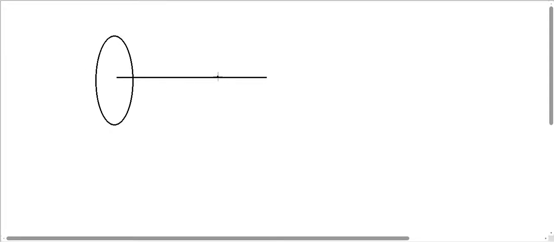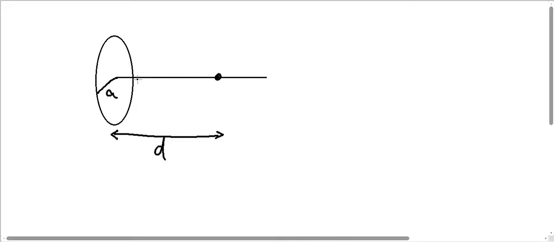So let me take this point on its axis, say at a distance of d from the center of the circular loop, and say that the radius of this circle is again a. I want to find what is the magnetic field at this point.